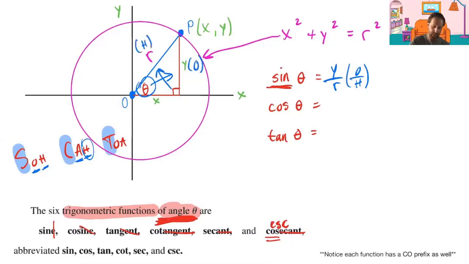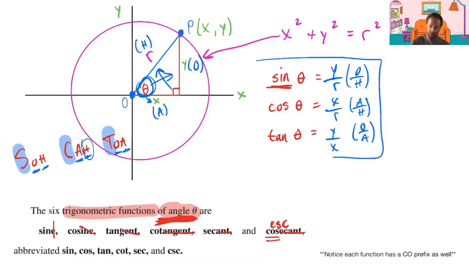Therefore, to this angle right here, we know that this piece right here is the adjacent side. So for cosine, which is the ca adjacent over hypotenuse, we know it's going to always be x over r. And then tangent is the opposite over adjacent, which we are going to then label always the y over the x.